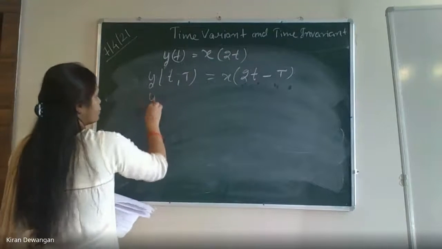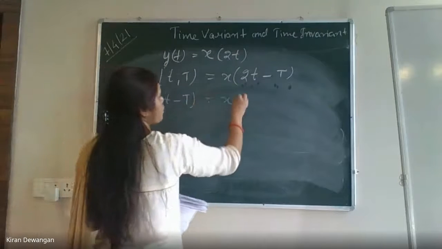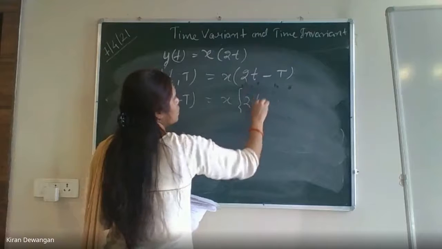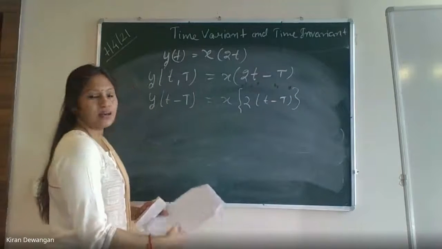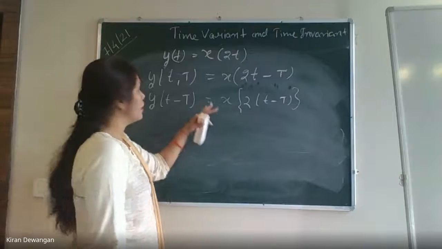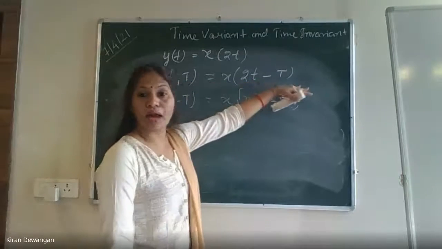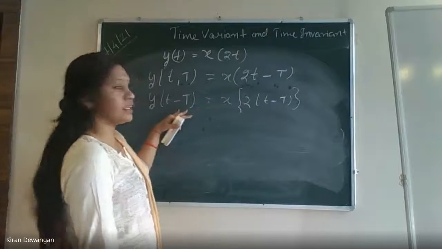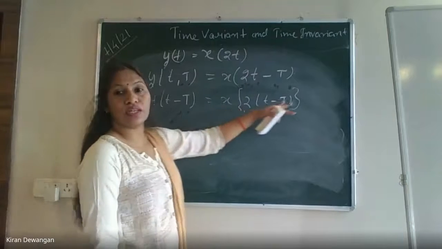But if I have to calculate y of t minus t, it will be x of ये हो जाएगा 2t minus t. Clear? So this is how it is going to be. Here with a shift in the input, it will be 2t minus t, and if the output में shift है, it will be x of 2t minus t.